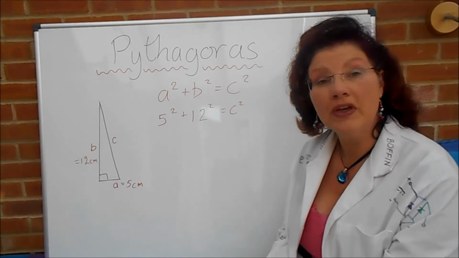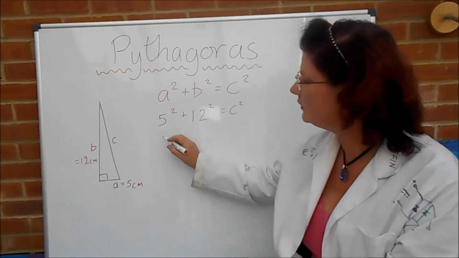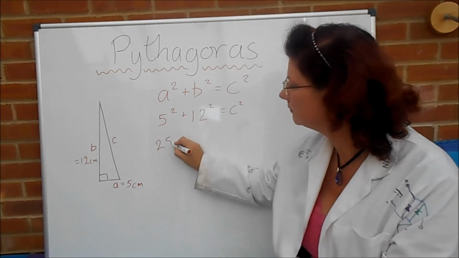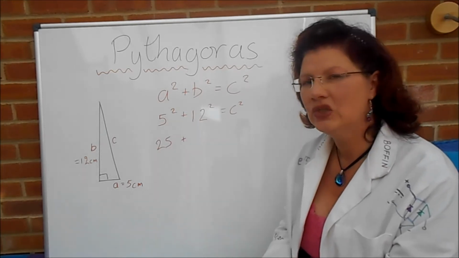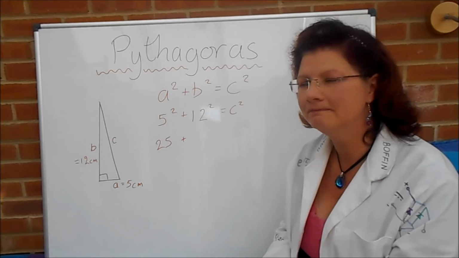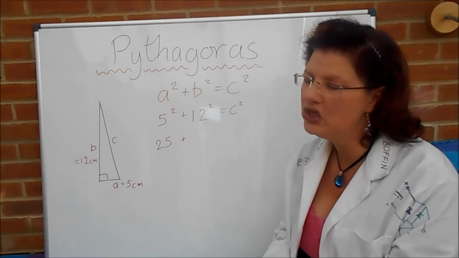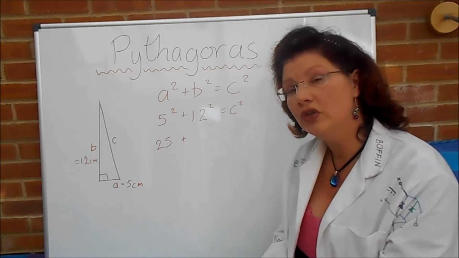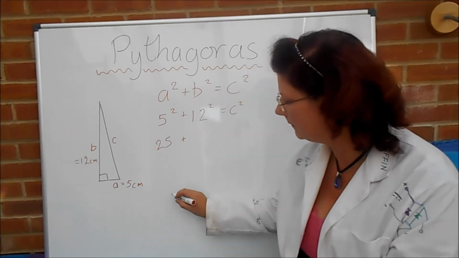Okay, so now we're going to fill in some of those values. 5 squared is 25. 12 squared, 12 twelves. Well, you either know that one, or you'll need to work it out by multiplying, or you can use the squared button on your calculator.